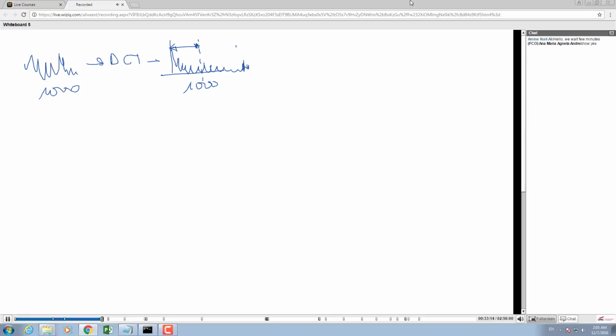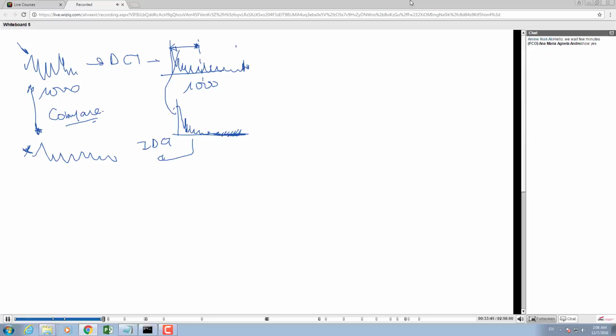I decide to cut the data and I keep just one part. Okay, and you will obtain a signal like this, because here it will be 0. So I remove high frequencies, and after this I can use the IDCT to get temporal signal that I compare with the original one.